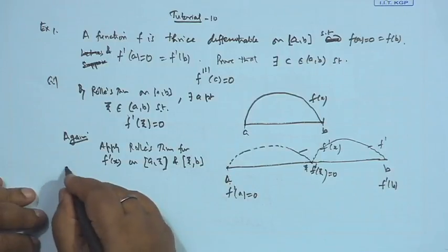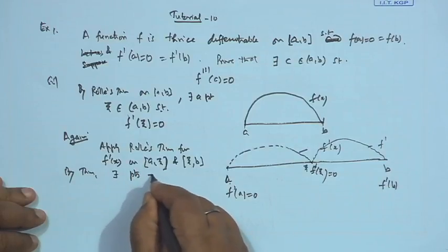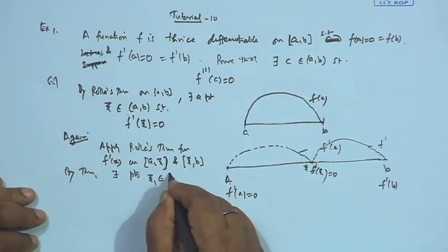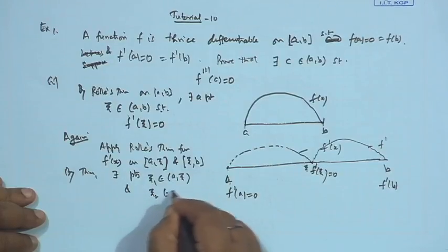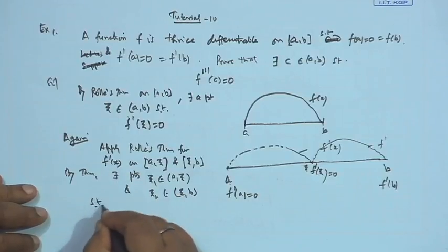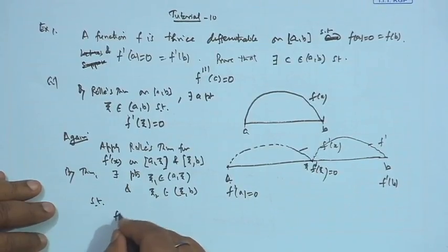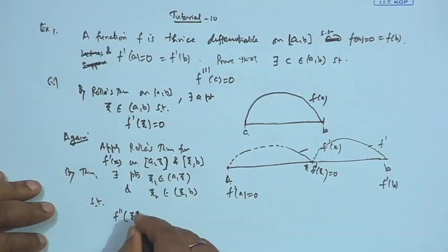By Rolle's theorem there exist points xi 1 in the interval (a, xi) and xi 2 in the interval (xi, b) such that the second derivative of the function, the derivative of f prime, vanishes at these points.